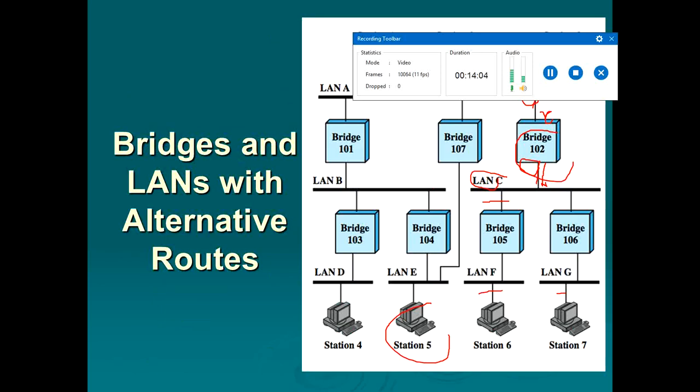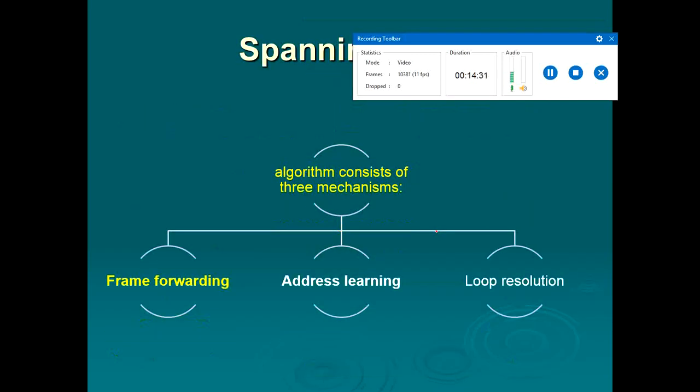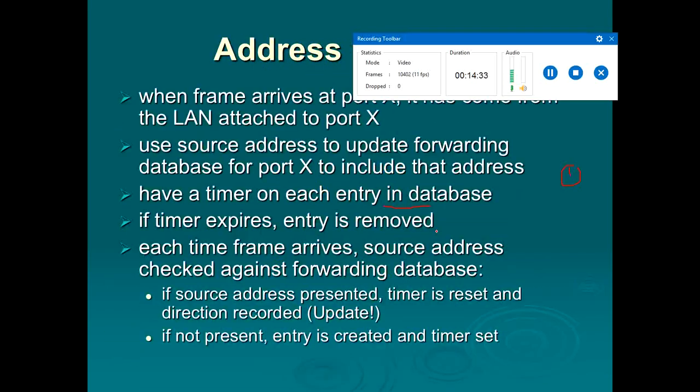Now in this case, if we remove any one of the bridges, whether 107, 101 or 104, we will get a spanning tree. So what we need is to develop a simple algorithm by which the bridges of the internet can exchange sufficient amount of information automatically and derive a spanning tree, and the algorithm must be a dynamic one.